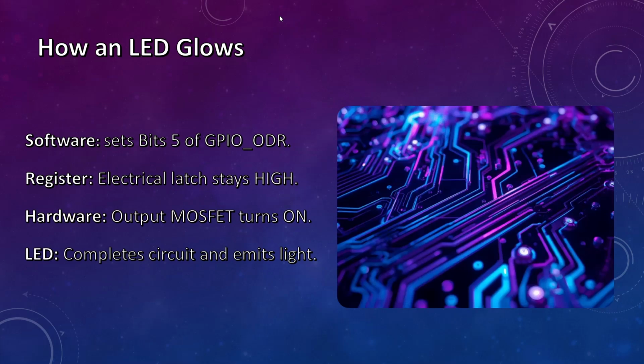Instead, the communication path looks like this. Firstly the software, then the CPU, then the resistors, and from that resistor, the information goes to the GPIO hardware, and then from the hardware to the LED.